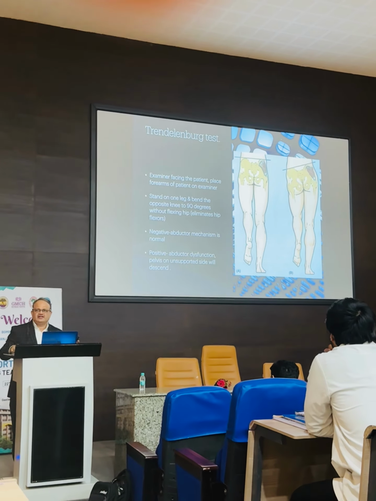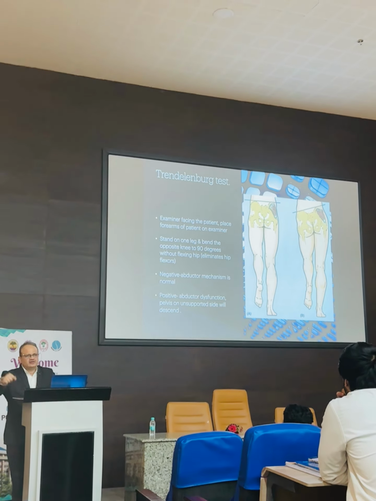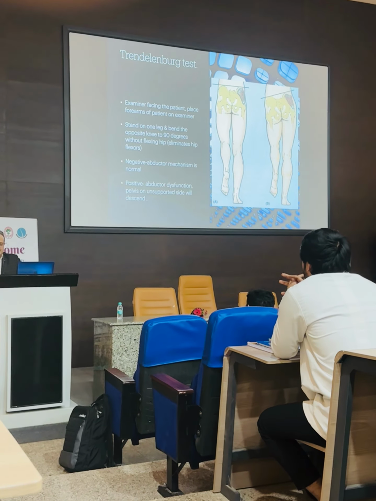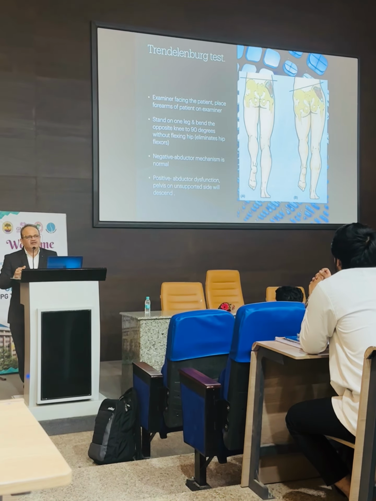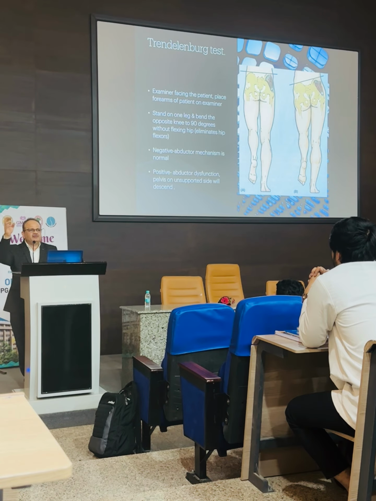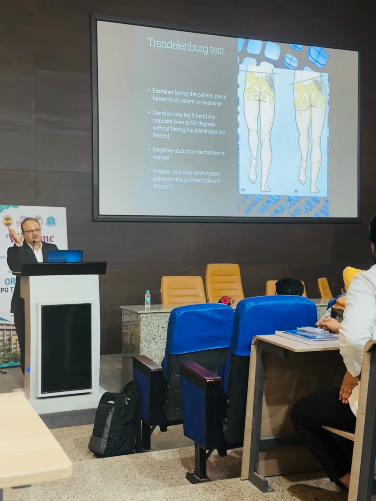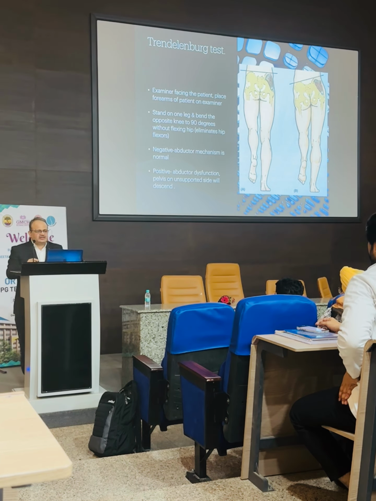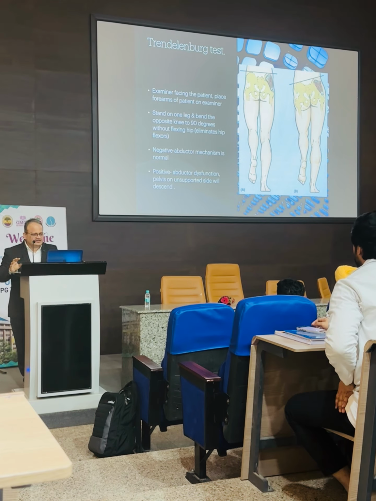You have the modified test where you ask him to hold your hand for support, not to take weight on that hand, and he should stand on the affected hip for at least 30 seconds. If there is a problem with the fulcrum, the lever arm or abductor power, then the pelvis will droop on the opposite side. So that's the modified Trendelenburg where he stands for at least 30 seconds.